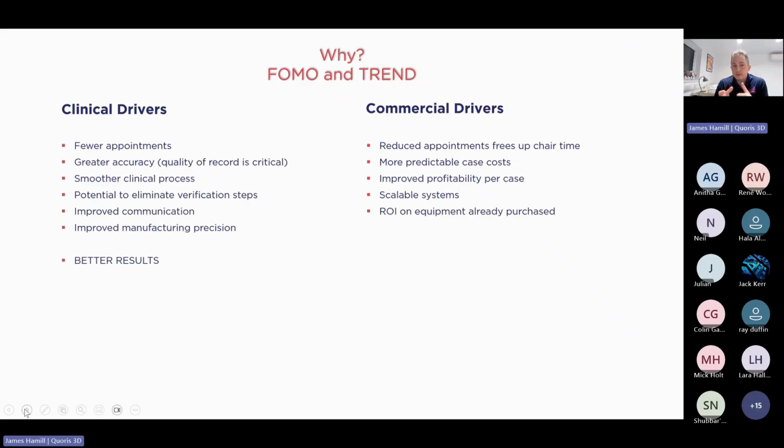There's no doubt that digital technology allows us to be potentially more accurate, though I have to say that that also depends, just like analog workflows, on the quality of the record, which is absolutely critical. And just because the record is managed in a digital format, it doesn't mean that we in the lab can make a poor digital record a good digital record.